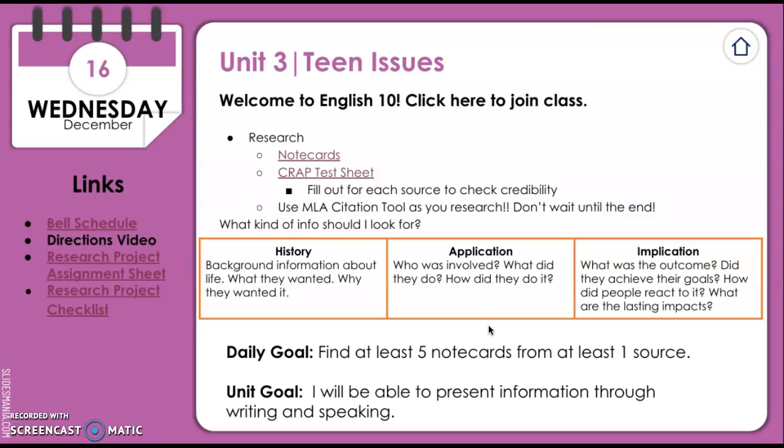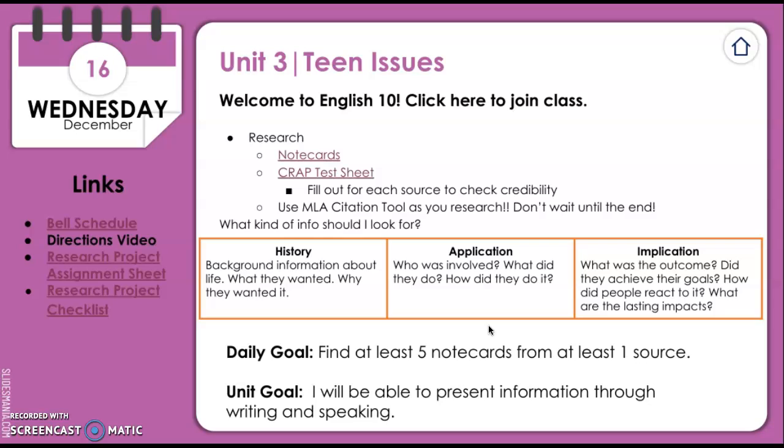So for that, you're going to be looking for background information about the person, about their life, about why they got into whatever issue that they are into, what they wanted, why they wanted it, how they got started in taking an interest in whatever they're doing.